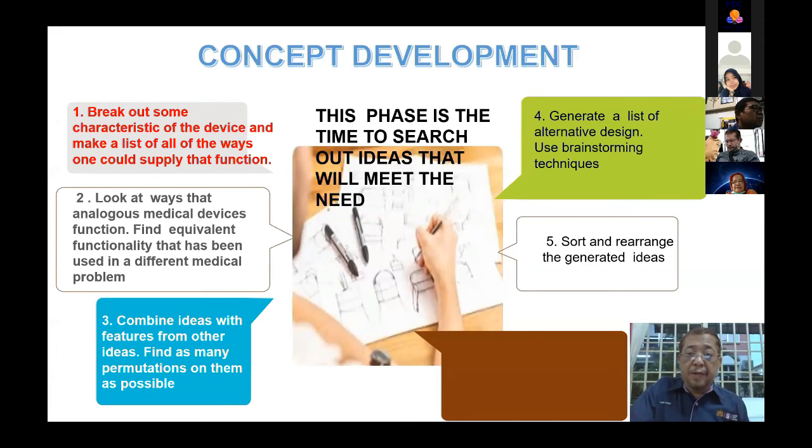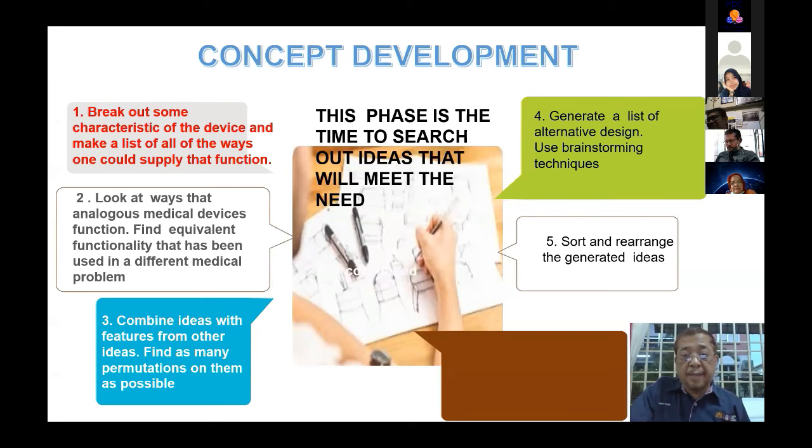Fifthly, with all the ideas that you get from step 1, step 2, step 3, and step 4, you sort the ideas out, put in terms of priorities, then the best top ideas will be put on the top, and if possible, you give points to each idea so that you can do some calculation on optimization and also on ideas selection.